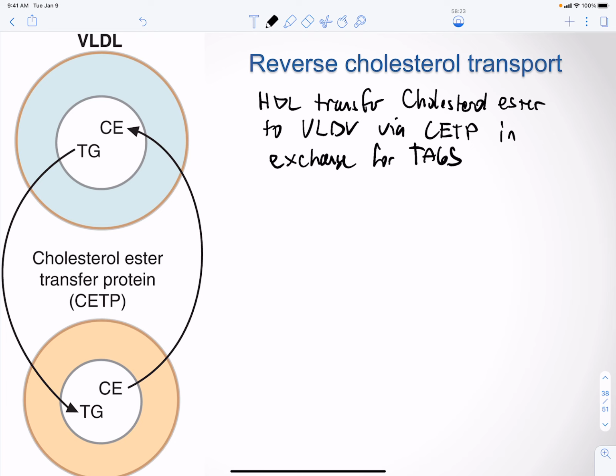So the greater the concentration of your TAG-rich lipoproteins in the blood, the greater this exchange. So the more TAGs, the more exchange.